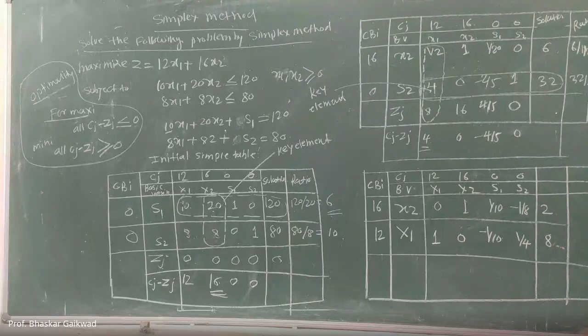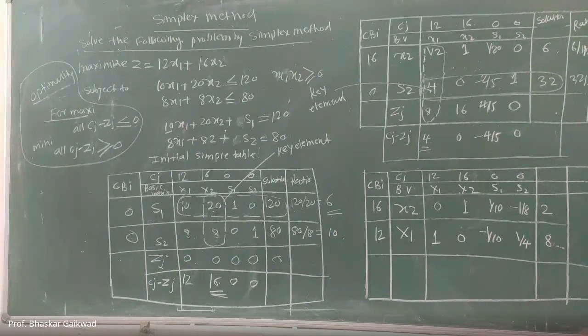For example, 1 by 2 is the old value, 1 by 2 minus corresponding column value, same value, 1 by 2, corresponding row value, that is 4, divided by key element 4. Whatever value you get, you write in this column, that is 0. Similarly, you can go for 1 by 10, minus 1 by 10, and last, that is 2.